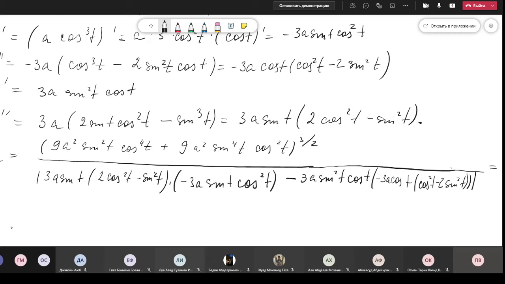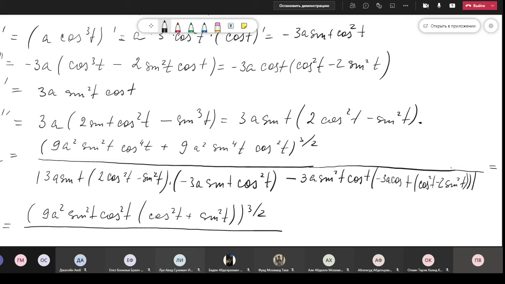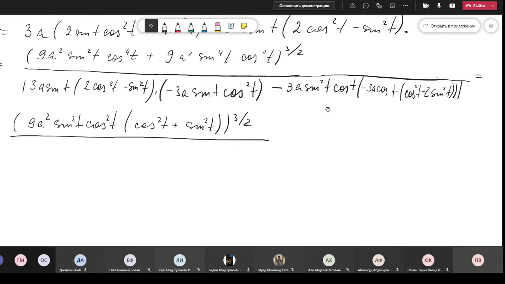Equals 9a squared sine squared cosine squared in brackets cosine squared plus sine squared, to the power 3 over 2, over the modulus here: 3 times 3, 9a squared sine squared cosine squared.